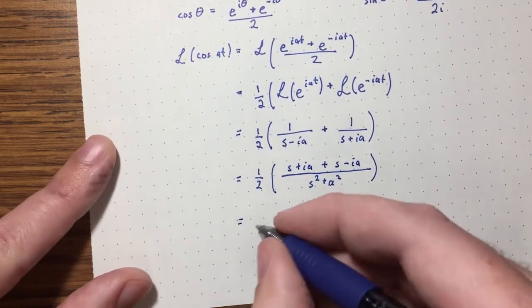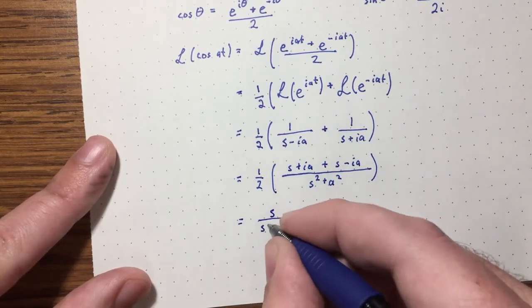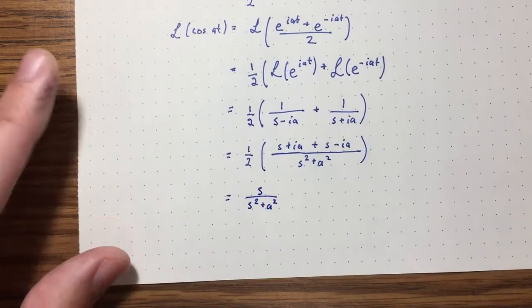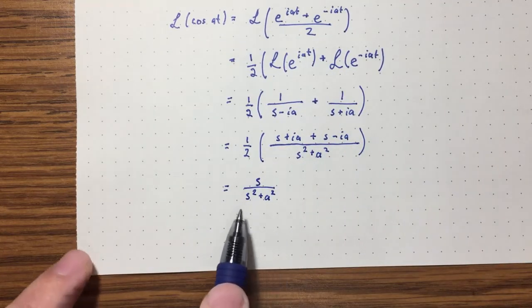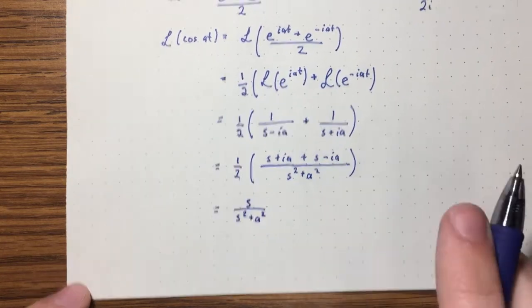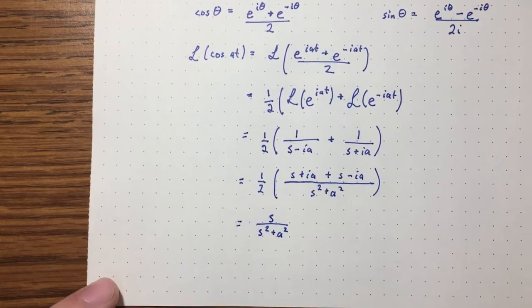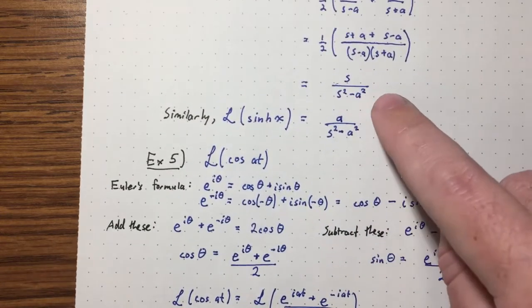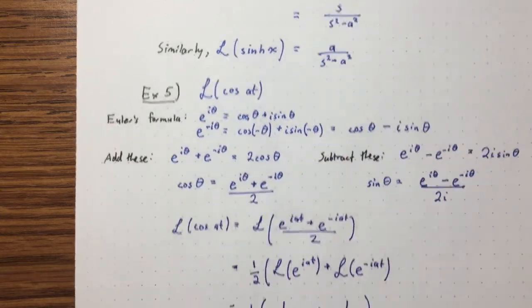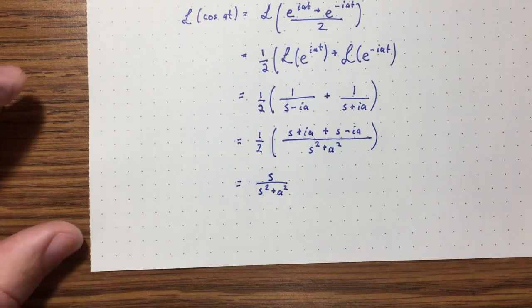And so I end up with s over s squared plus a squared, because the ia and the minus ia cancel. So that's really cool. We end up with a formula where all the i's disappear, and we just get s over s squared plus a squared. Again, very similar to that. It's actually very easy to get these confused, so you have to be really careful about that.